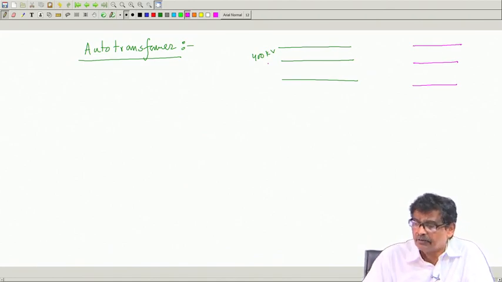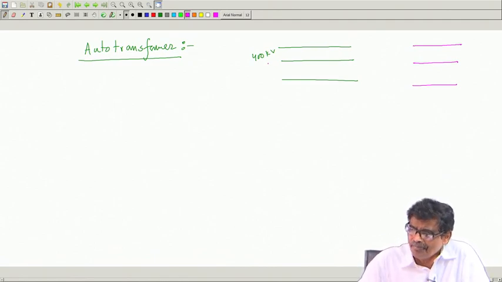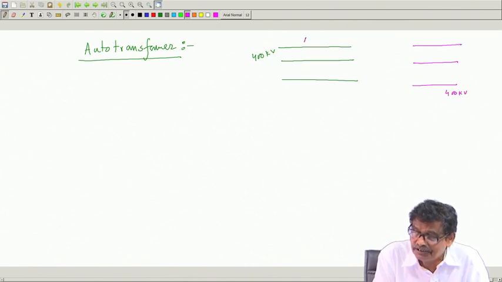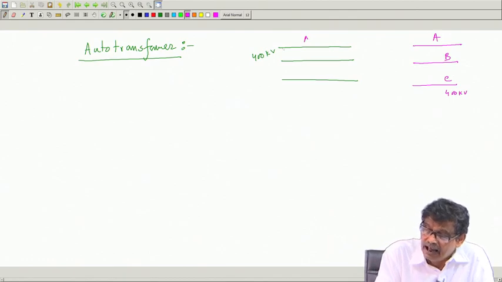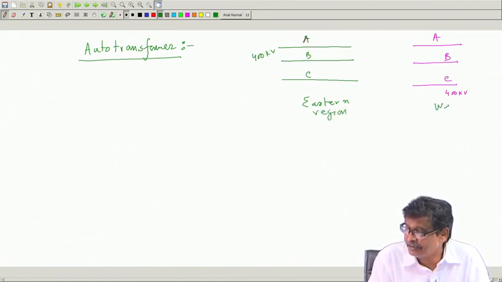So if you want to make common grids all over the country, all the grids are to be connected in parallel. Suppose this level of voltage is also 400 kV, then only these two can be connected. Suppose this is A phase, B phase, C phase, and these are the corresponding phases here, A, B, C. This is the eastern region grid, and this is the western region.